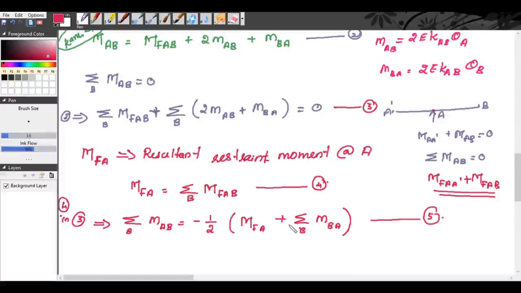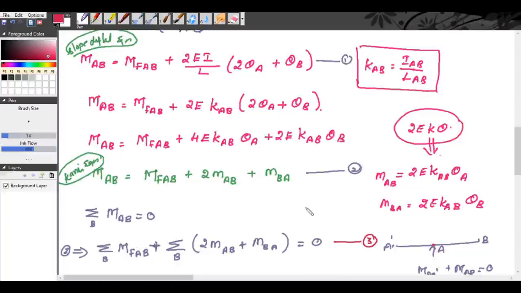Now, we have already obtained this small MAB, which is proportional to its K value. It depends on the stiffness K. So the individual share of the members in the total rotational contribution can be found by distributing the total rotational components in proportion to their K values.